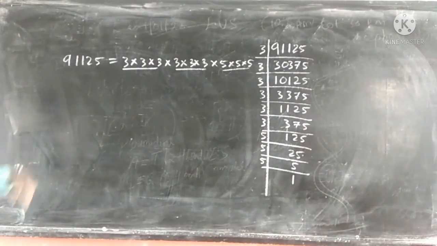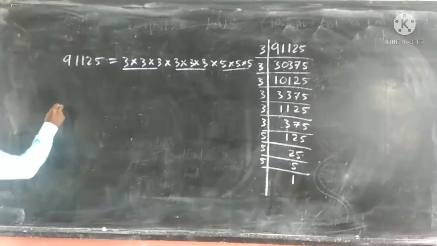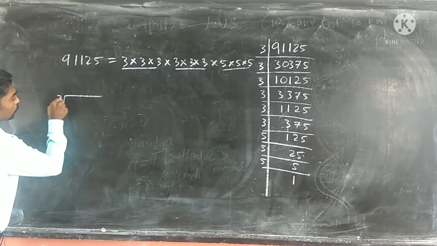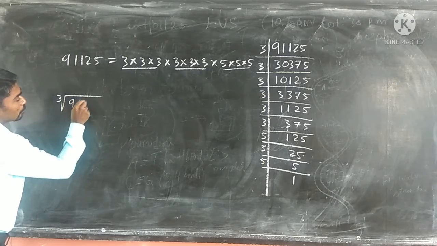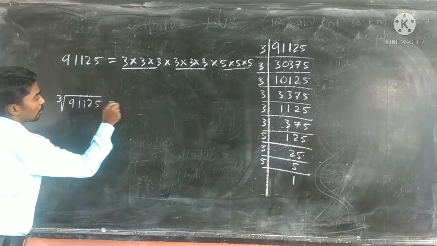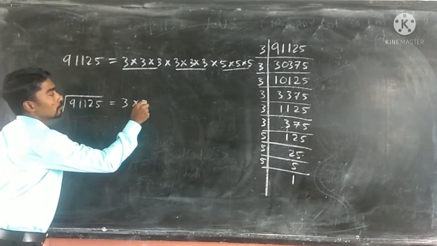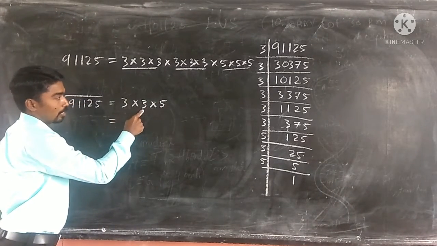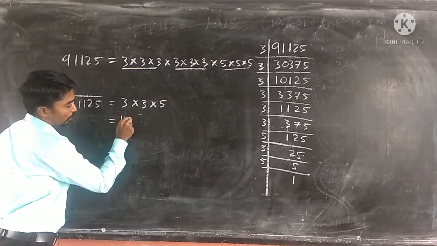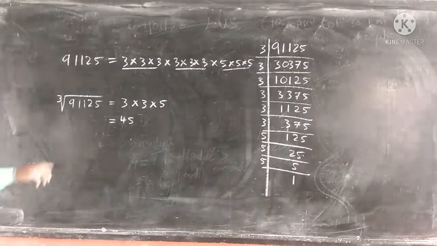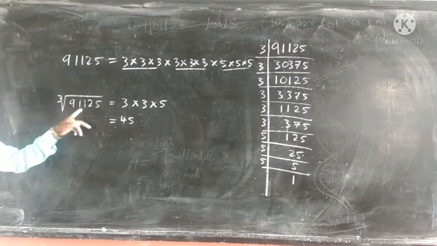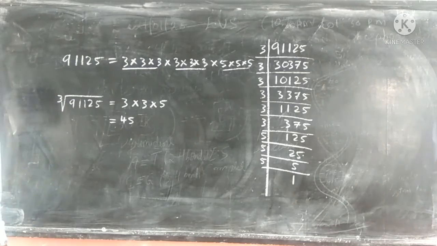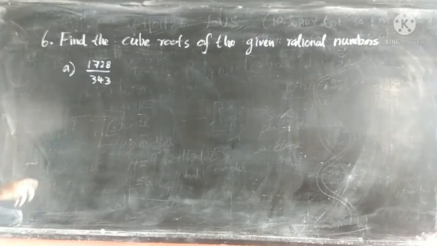Taking one factor from each triplet, we get the cube root of 91,125 is equal to 3 into 3 into 5. That is 3 3s are 9, 9 5s are 45. Therefore, the cube root of 91,125 is 45.